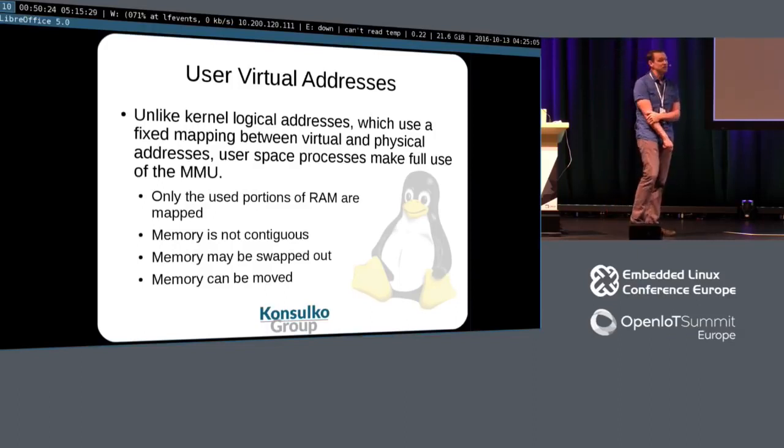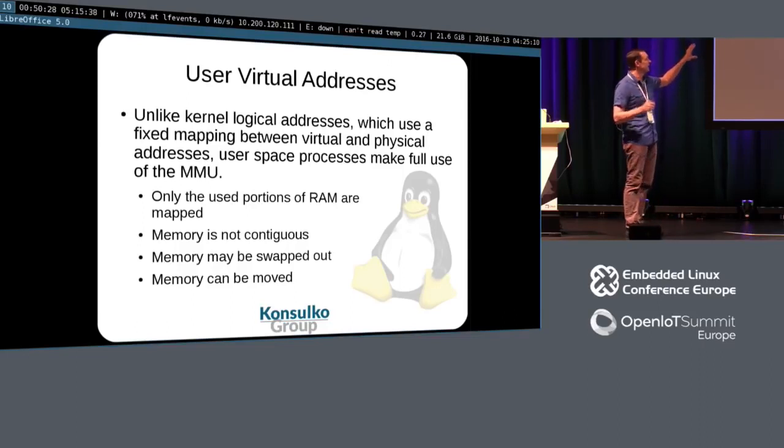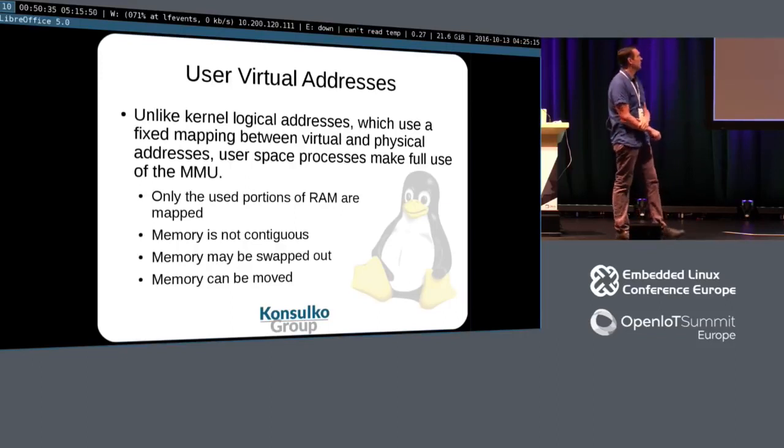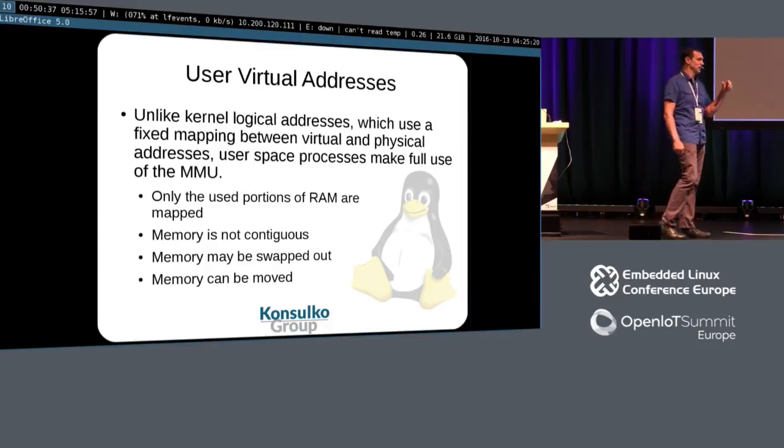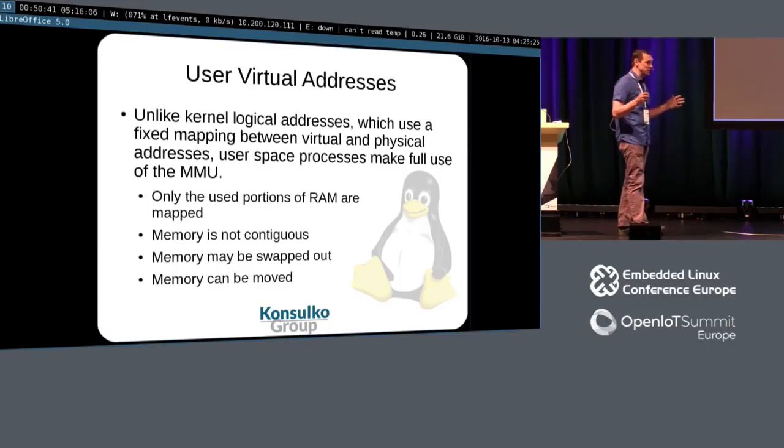So one of the key things is that kernel virtual logical addresses have that fixed mapping. User processes are fully using the MMU, and the only time you actually use RAM is when you're actually touching it. We'll get into that. The memory isn't contiguous.